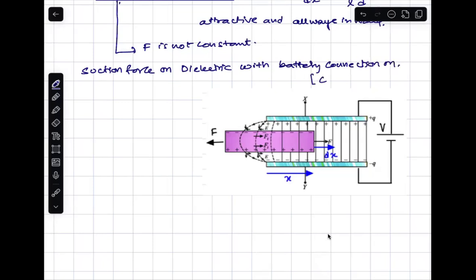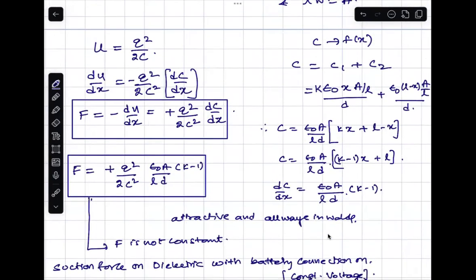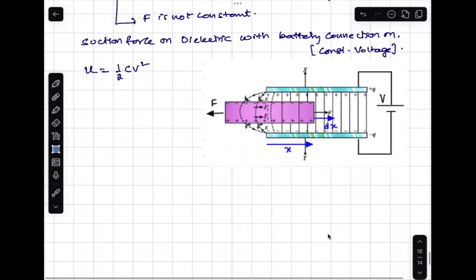This comes under constant voltage. Potential difference is constant. What is the energy at any instant? Now I will change my version. Previously, I have done Q square by 2C. Now I will change my version to CV square. But still, it is the same C.